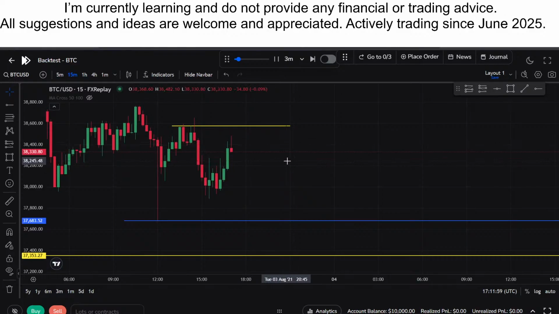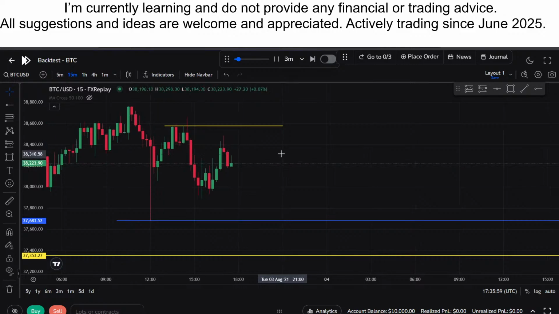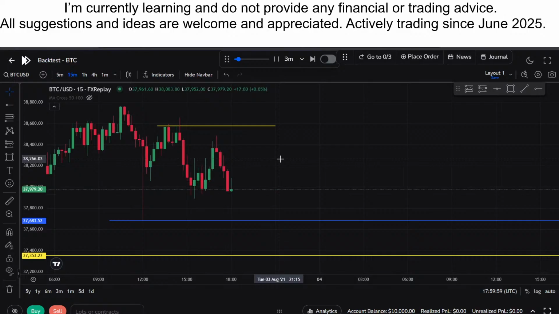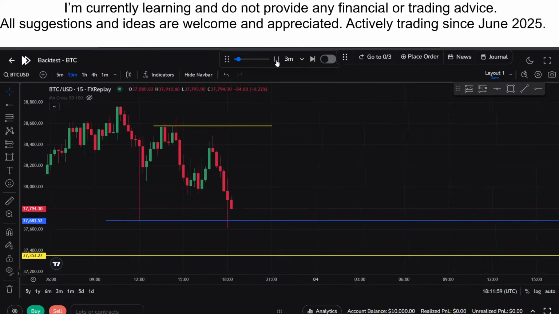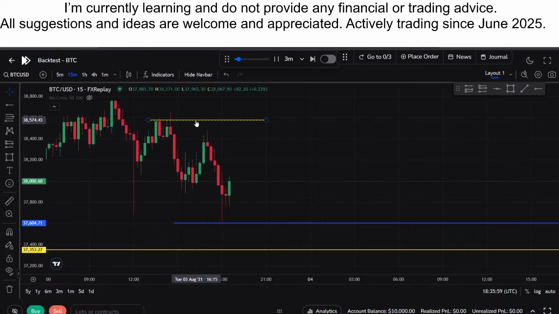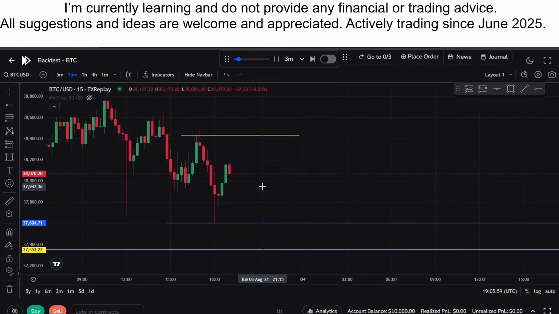Okay, now it is trying to break the structure. Okay, another low and recent high, and there we have another recent high.